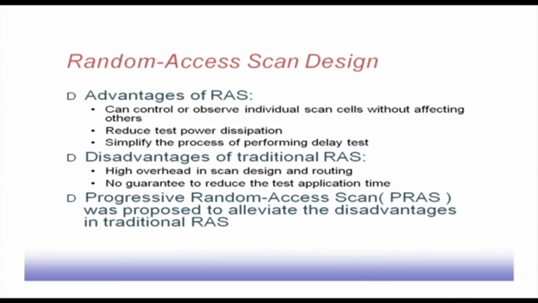That is why it says that it reduces the test power dissipation and simplifies the process of performing delay test. In case of delay test, we need to measure the delay. First we apply one pattern so that the output settles to some value, then we apply a second pattern to excite a particular gate.